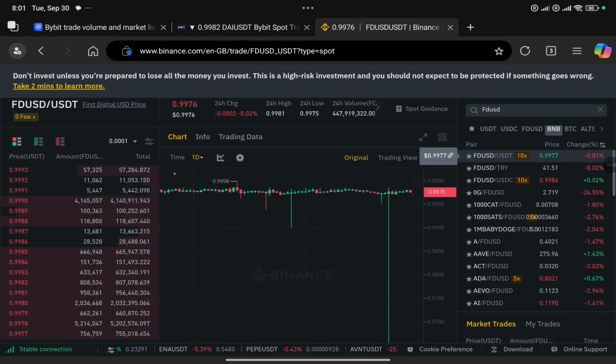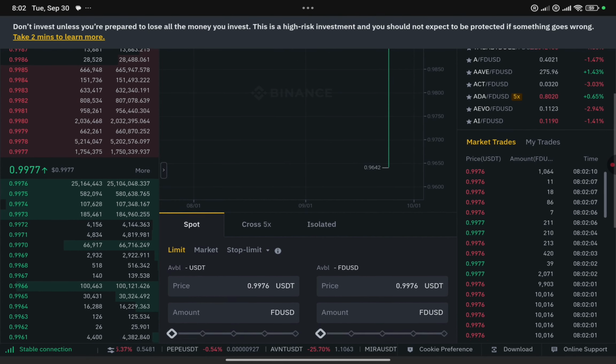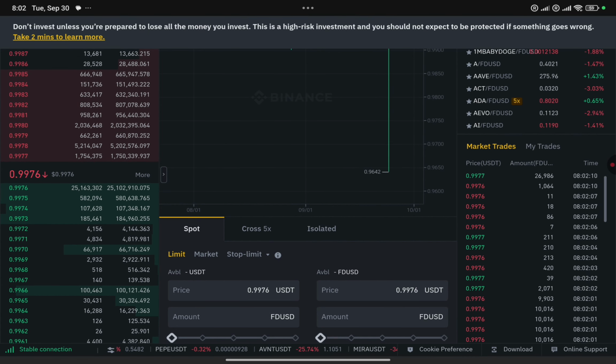So it exists over here, but you have to be very careful because Binance can be quite confusing sometimes, right? So the current price of FDUSD right now is 0.9976, right? So if you go to the buy section, that means you are buying FDUSD, and if you go to the sell section, that means you're selling FDUSD, right?